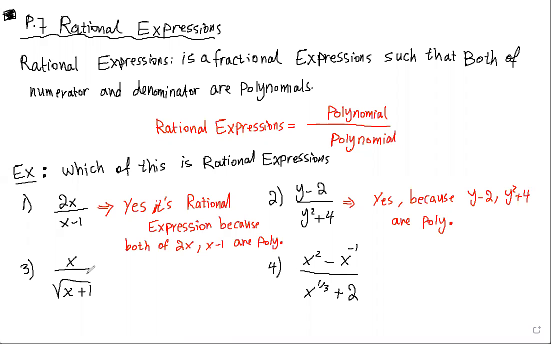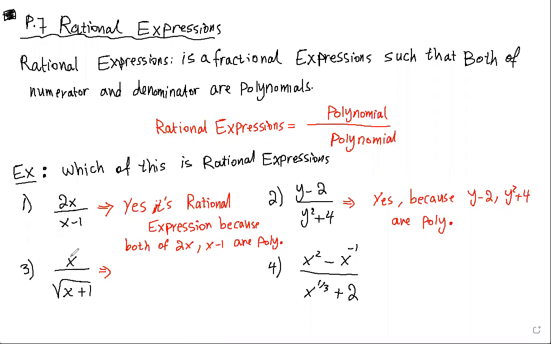This one, x over square root of x plus 1. Is it a rational expression? No. Why? The square root of x plus 1 is not a polynomial.